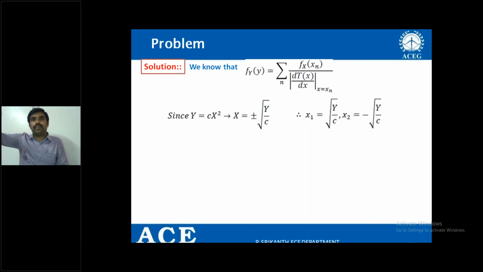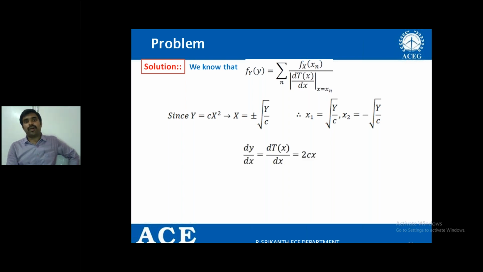Since it is a parabola, one element may connect with two points, right? So therefore x1 equal to under root y by c, x2 equal to minus under root y by c. One element y is in correspondence with two elements x1 and x2 in the existing random variable.